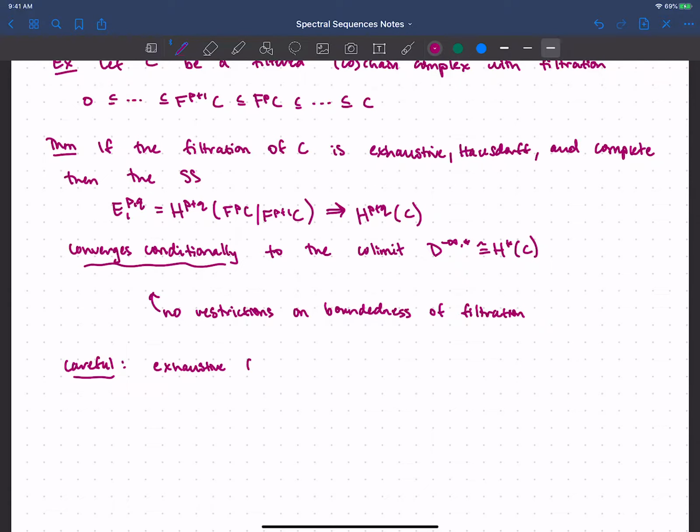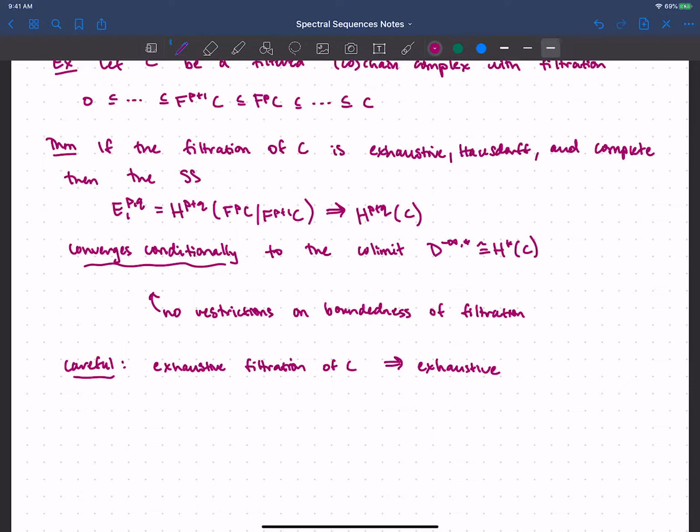If you have an exhaustive filtration of your chain complex, then we're going to make the exact couple, and we'll filter the D infinity term and the D minus infinity term using image and kernel. I may have said those backwards.